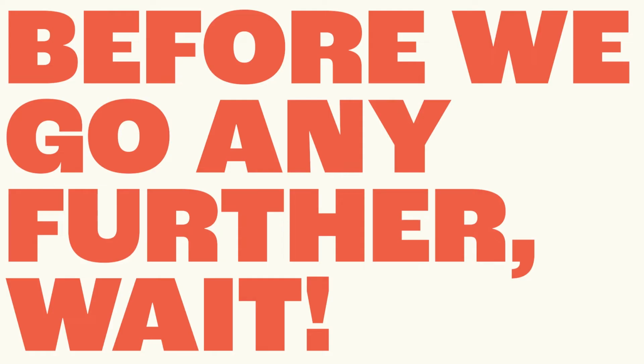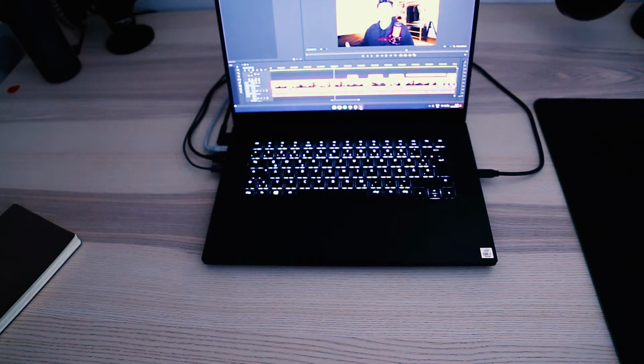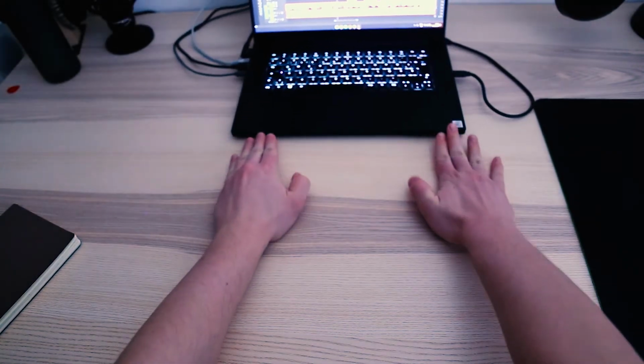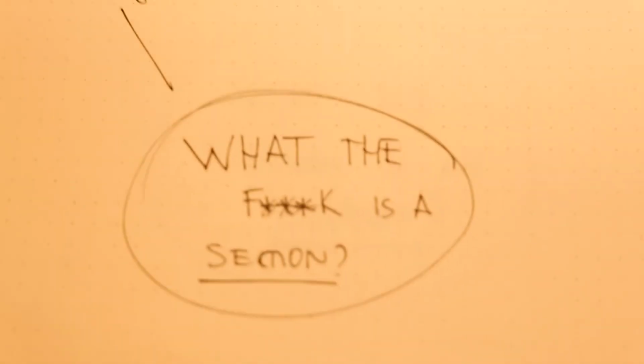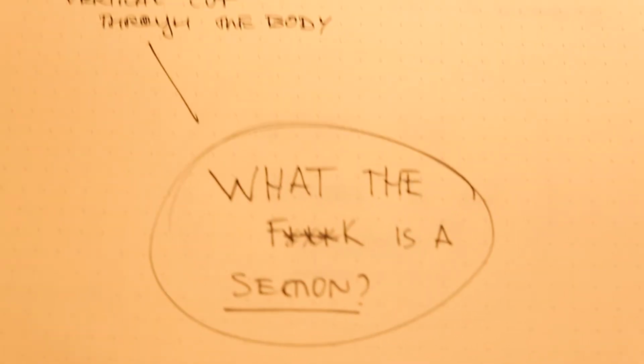So before we get into the key concepts, let's get the good old notebook out and tackle the first questions. What is a section? It is basically a cut through the body of a building.